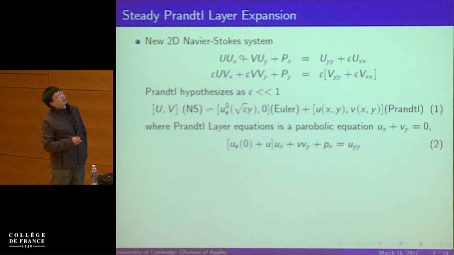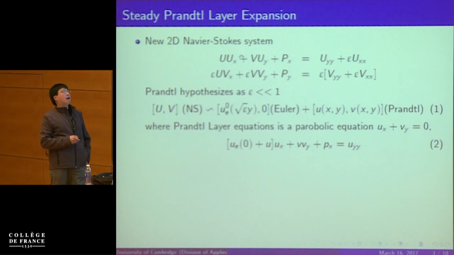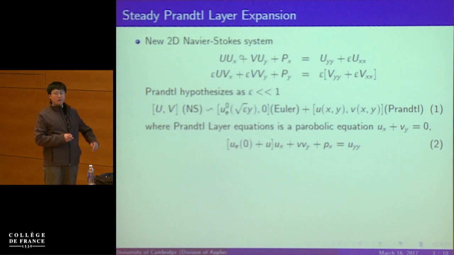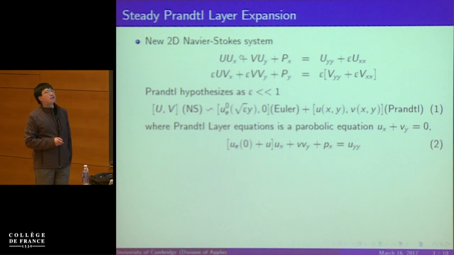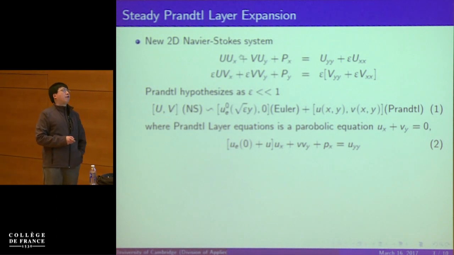In particular, the xx derivative drops out, so there's only one. This equation in PDE language we call a parabolic type of equation. If you view x as time, this equation has similar features to heat conduction.